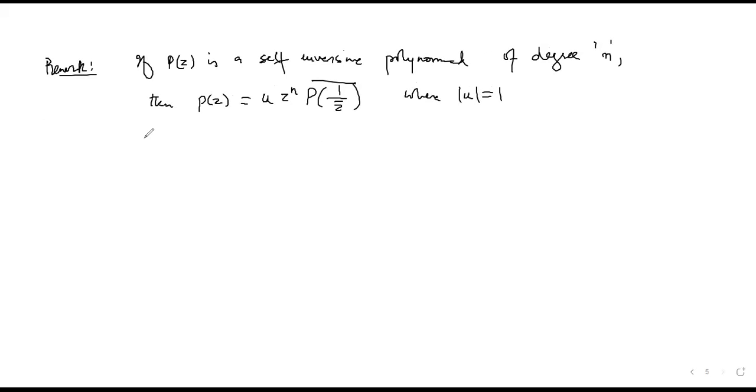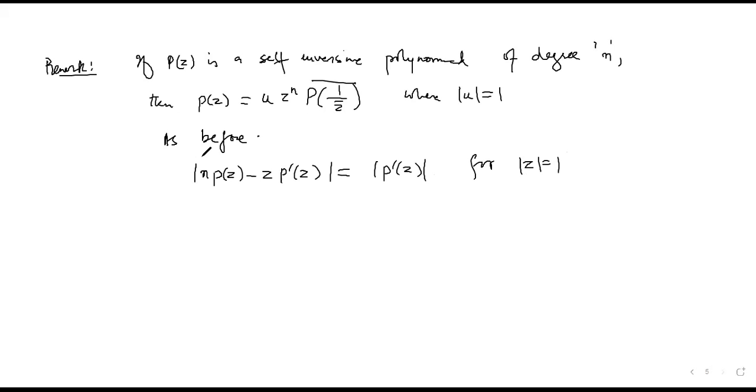And as before, as we did in the theorem just now, we will get n times p of z minus z times p dash of z is the same as modulus of p dash z, of course, for mod z equal to 1. Exactly what we did there, we have to follow here.